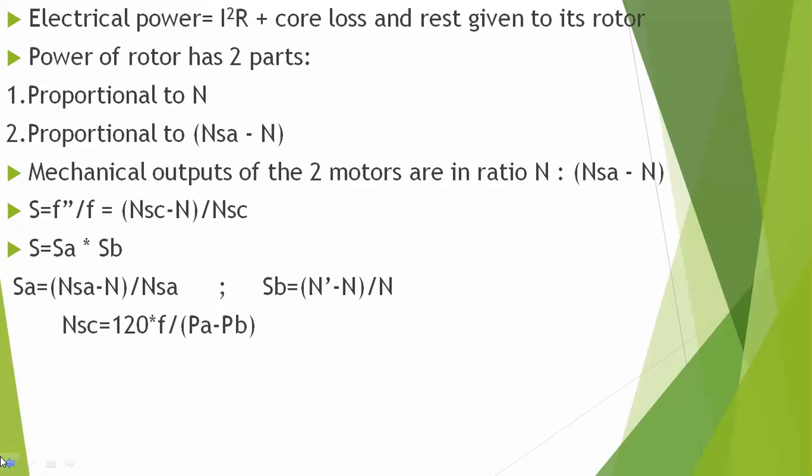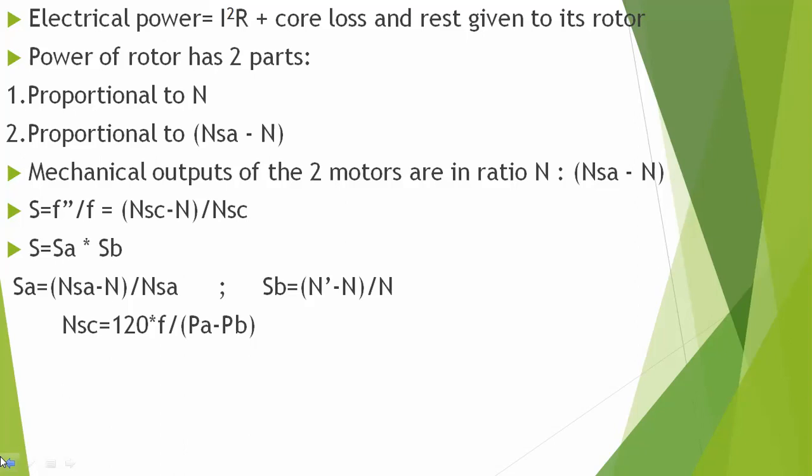Okay, again the power which is given to the rotor is further divided into two parts. The first one, which is proportional to N, is converted into mechanical power. The other part, which is proportional to NSA minus N, is developed as electrical power at the slip frequency.